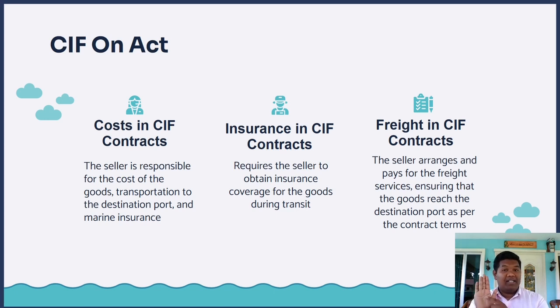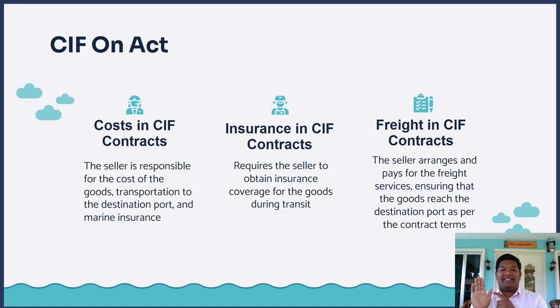Okay, second, the destination of delivery between FOB and CIF. FOB can be FOB origin or FOB destination, indicating whether the seller's responsibility extends to the destination port. As for CIF, the responsibility of the seller extends to the destination port and the buyer takes over from that point onward.